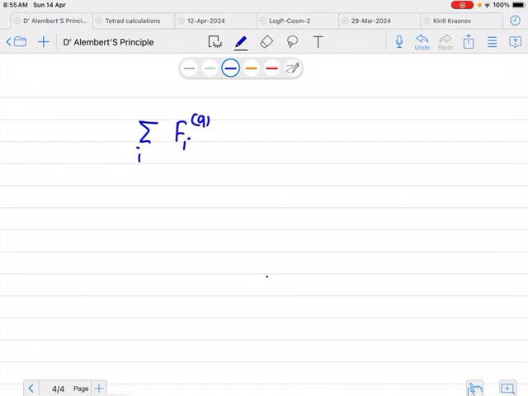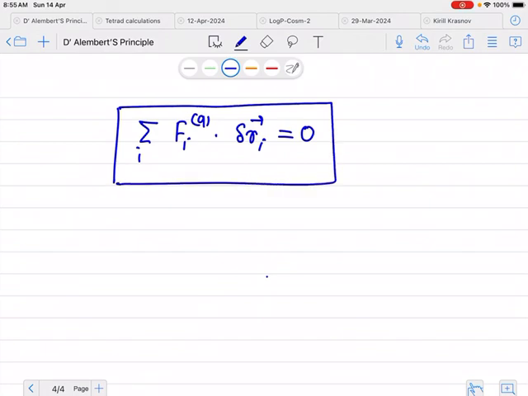So we discussed that the virtual work of the constraint forces will be zero in the case of the rigid body and in the case of rolling friction. This is equation 1.43. Equation 1.43 is often called the principle of virtual work.